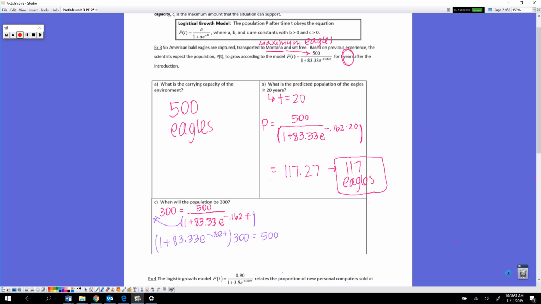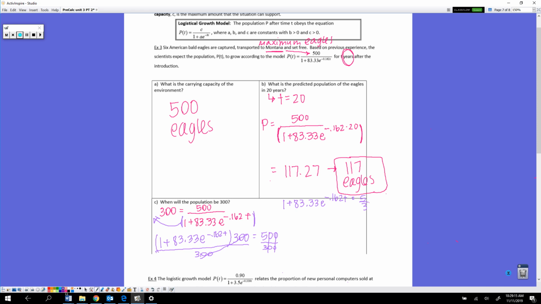I'm not going to distribute that inside. I'm just going to go ahead and divide by 300 on both sides. We'll just reduce this fraction to 5/3. So over here we would have 1 plus 83.33 e to the negative 0.162 t equals 5/3.